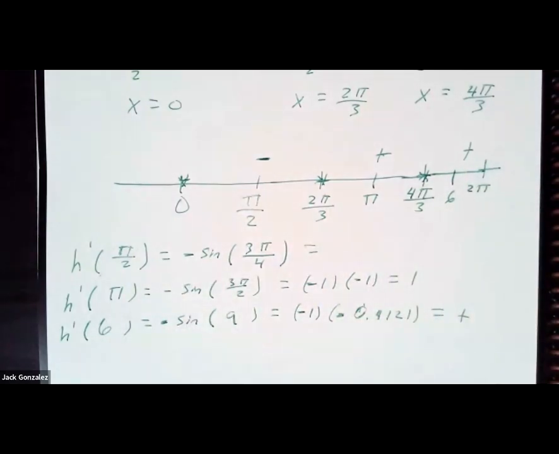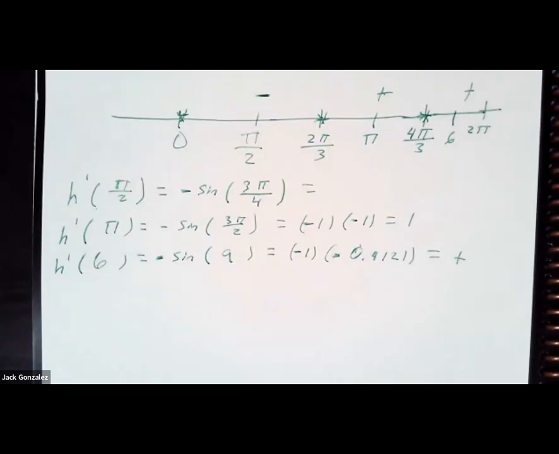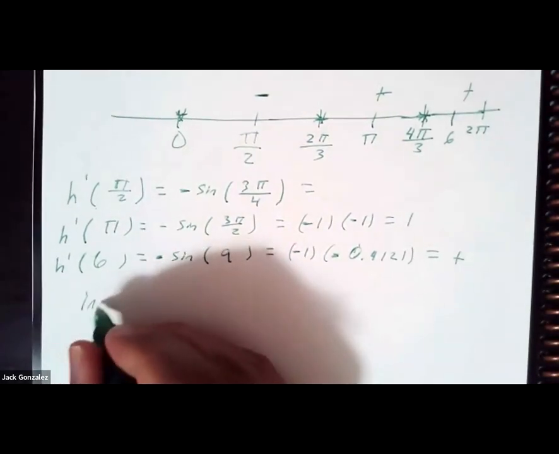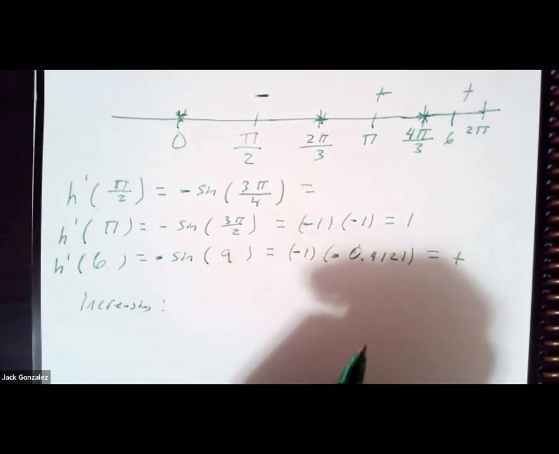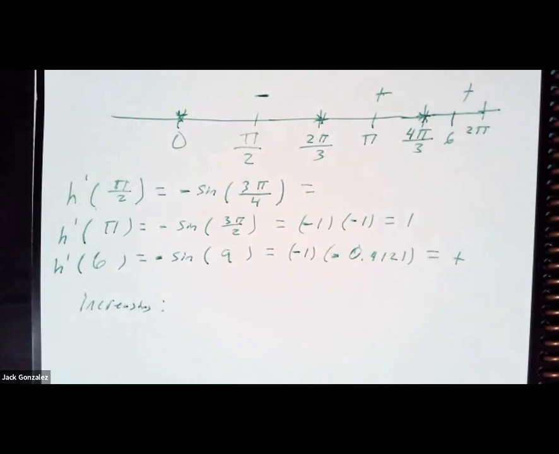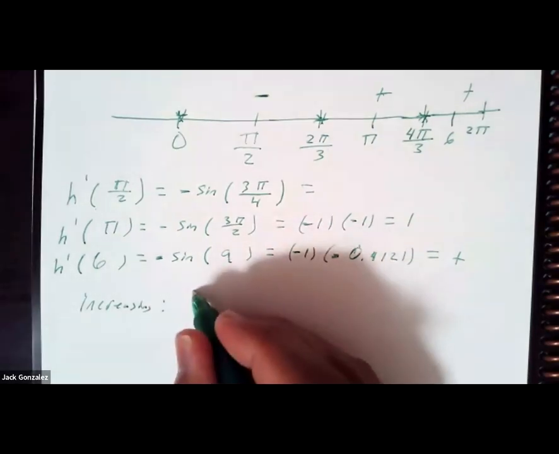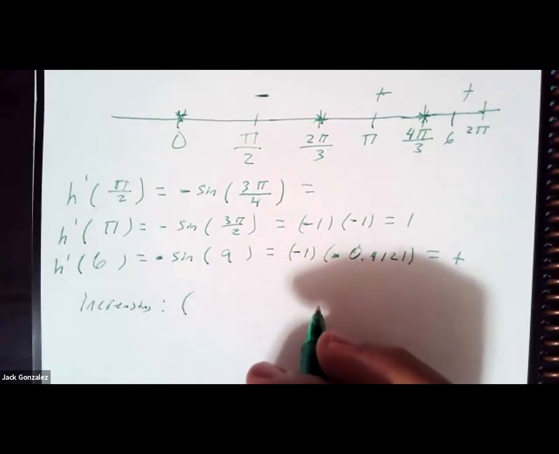Okay. So now I think we can answer the question. We're going to be increasing from, let's see. We can't go beyond 2 pi. So we would for sure say there's a mistake in here.